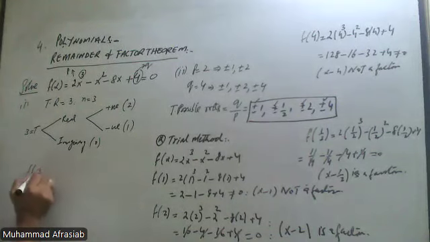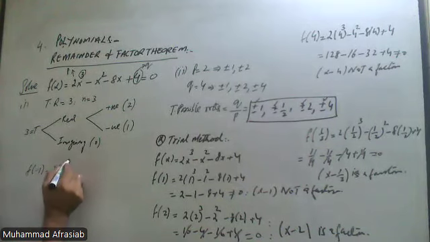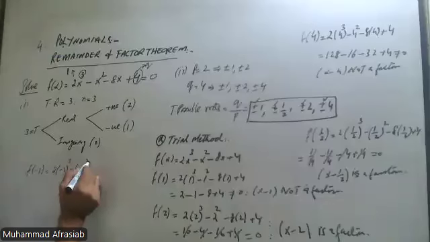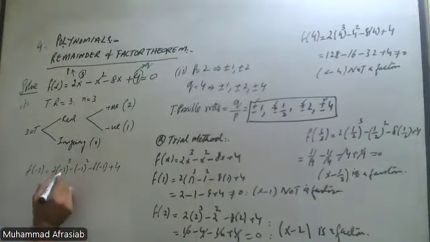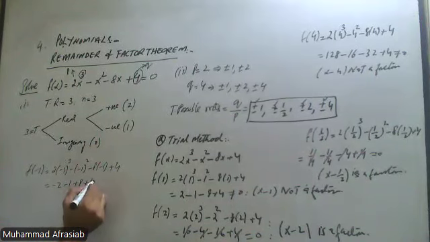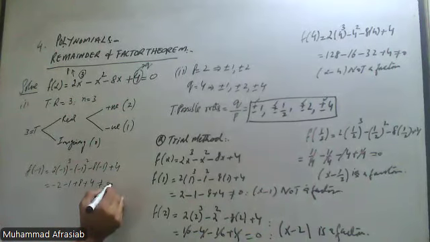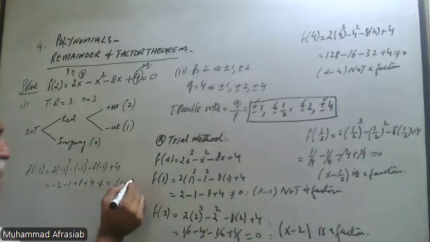So f of minus 1 is equal to 2 into minus 1 cube minus 1 square minus 8 into minus 1 plus 4. This will be equal to minus 2 minus 1 plus 8 plus 4, that is not equal to 0. So x plus 1 is not a factor.